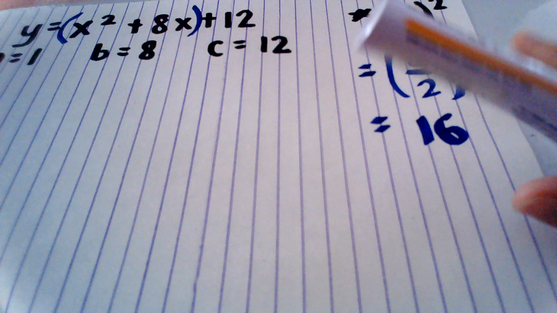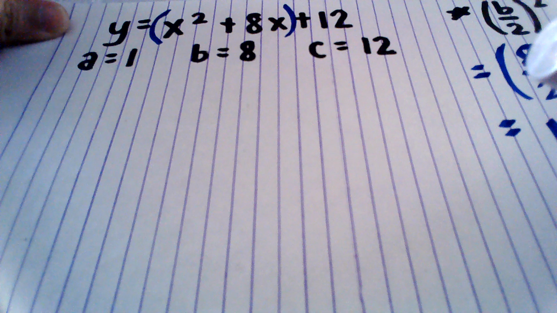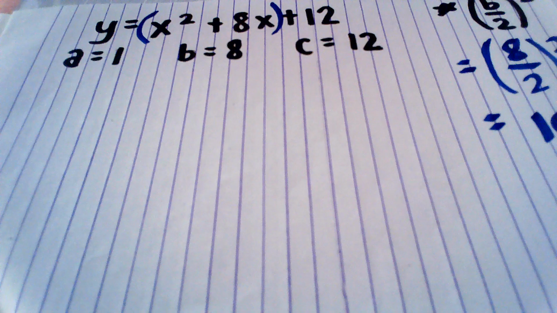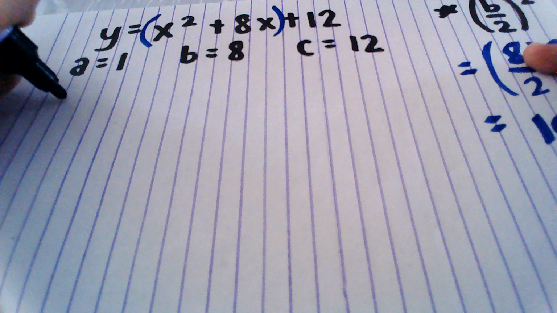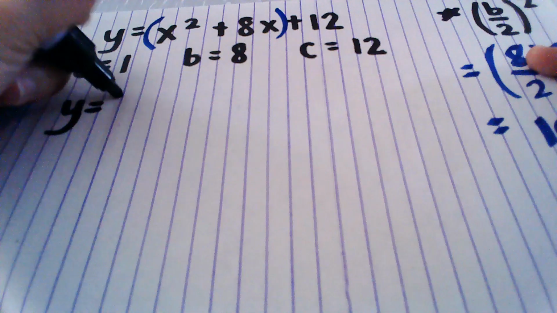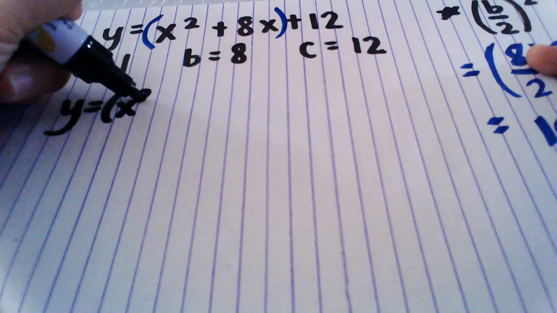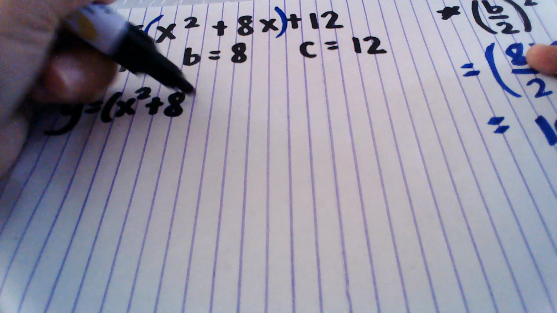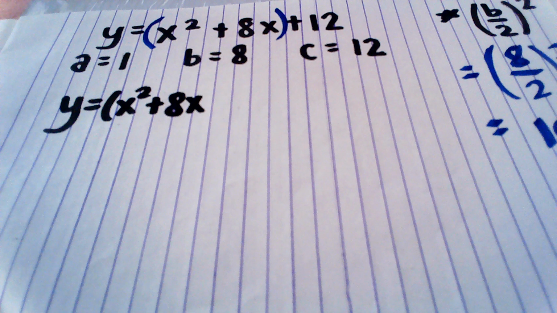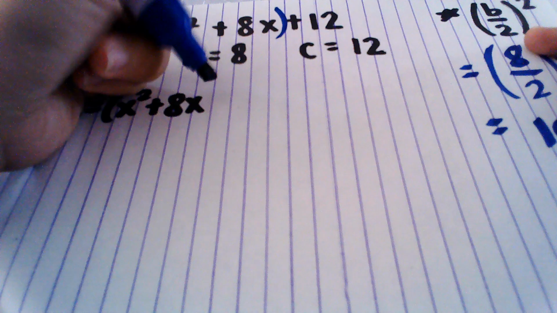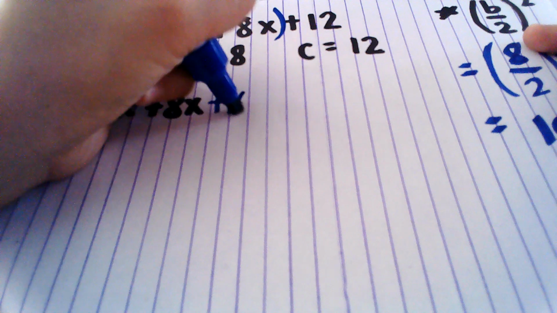We will be adding 16 to form our perfect square trinomial. So you have y is equal to x squared plus 8x plus 16.